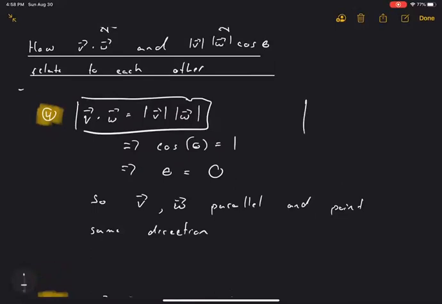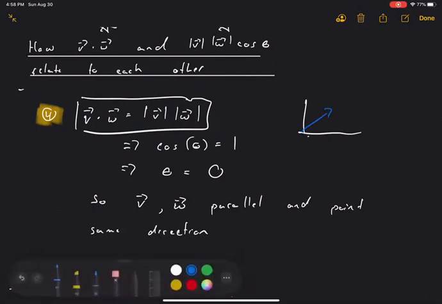So what's an example of that? Let's say I have vector v going this way, and I have another vector w, and I take their dot product and see we have this relation. Well, that means w has to be along that same line, pointing in that same direction. Maybe the lengths are not the same, but they're along the same line.